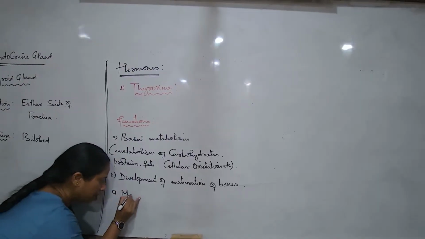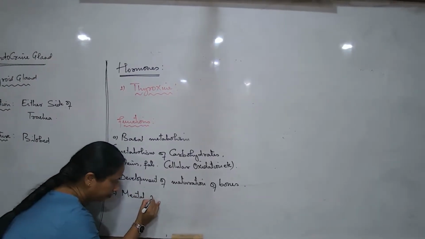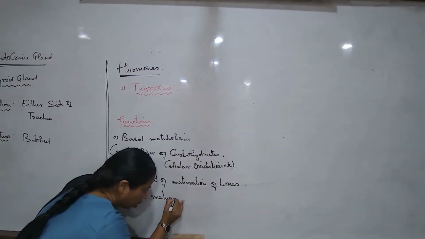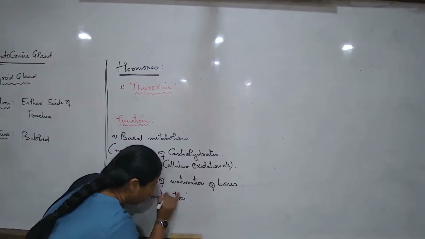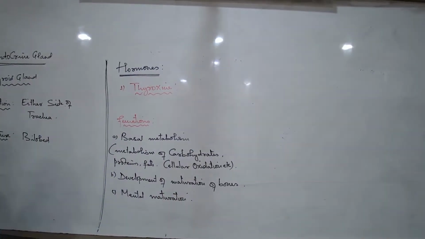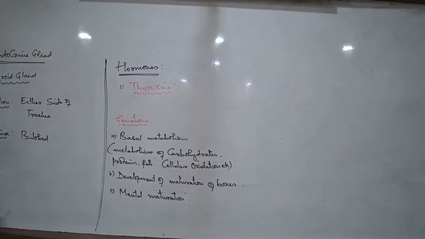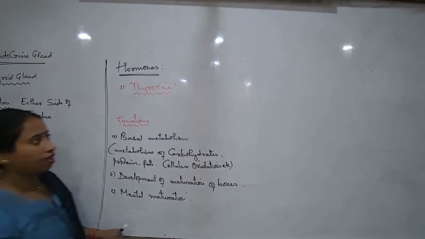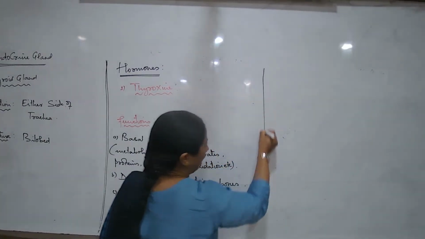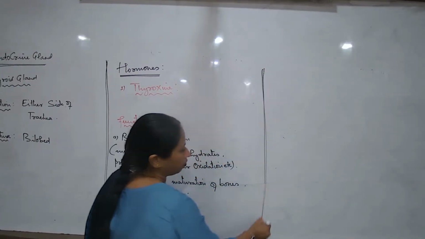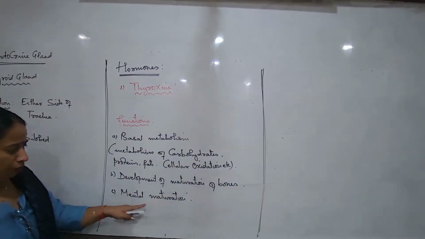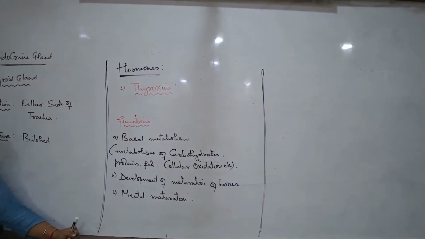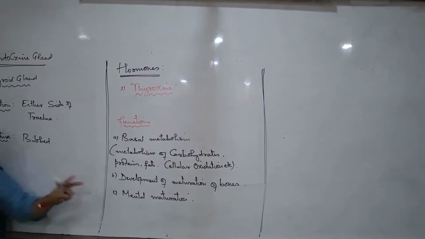And at the same time, mental maturation is also a function of thyroxine. So three major functions of thyroxine to remember. Basal metabolism is a concept that you should always write and remember. And then the development of the bone, muscles, especially the bone, and mental maturation. So these are the functions.